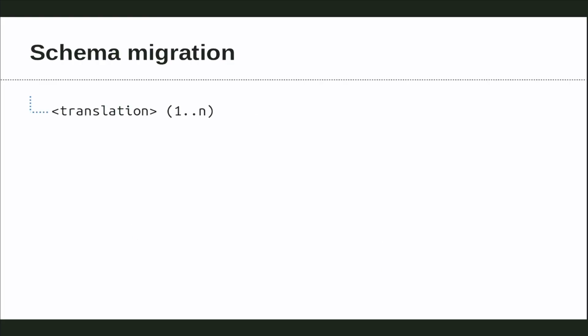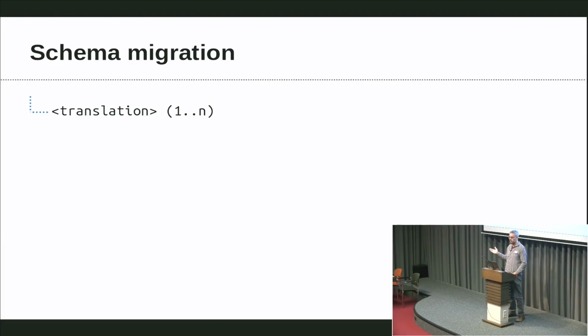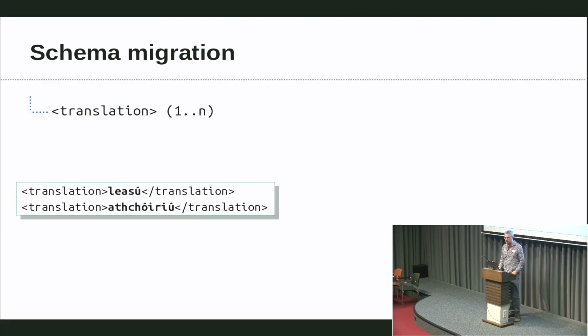Another problem where matryoshkization causes problems is if you need to change the schema halfway through your project. So let's say you have designed your schema such that it allows you to have an element called translation somewhere in the entry, and this element contains text, and you create, let's say, 1,000, 2,000 entries which comply with the schema.